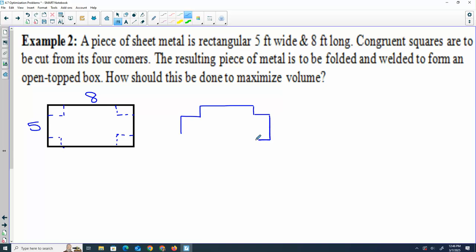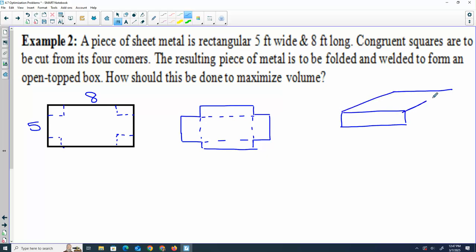We did these in college algebra too, I think, and I stood up in front of the room and tore the corners off a piece of paper. So if you cut those corners out, then you could fold these tabs up, so then it makes an open top, because I didn't create a lid to go with it.